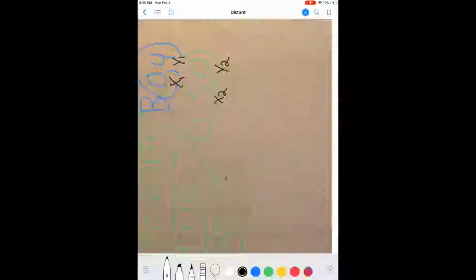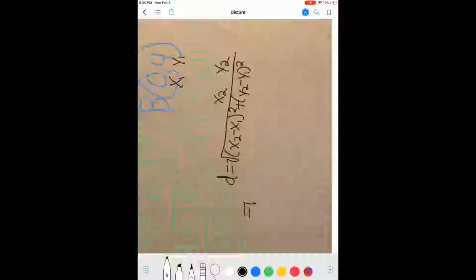So I'm going to have D equals the square root, again, x2 minus x1 squared plus y2 minus y1 squared. Still have the square root, still have two parentheses. Both of them are still squared, and there's always addition.